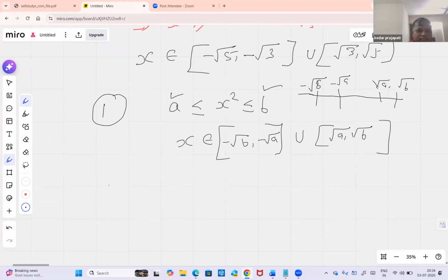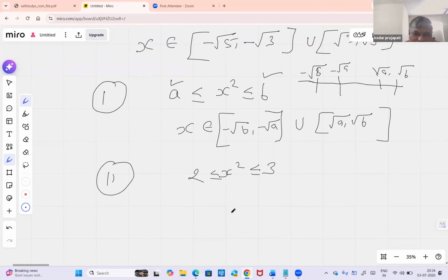Suppose our inequality is like this, x square is between, 2 and 3. A lot of these questions come, and no one solves them clearly. Just tell me where to where it will go, without remembering. In the number line, we have to draw 4 points.